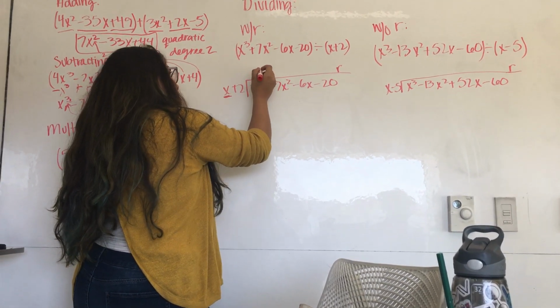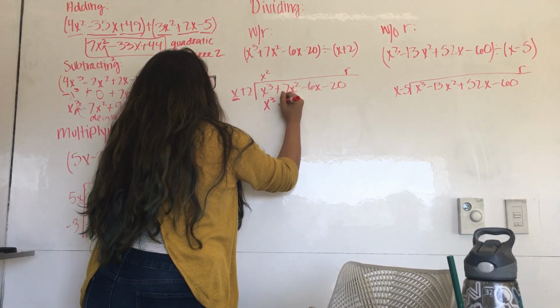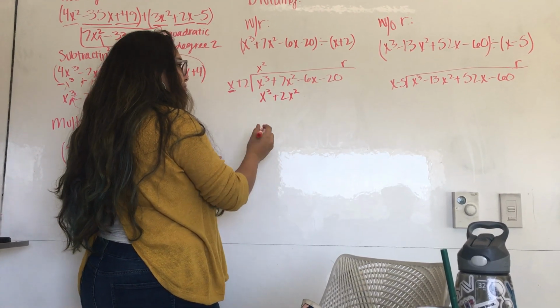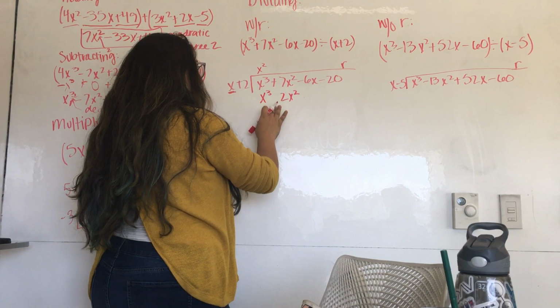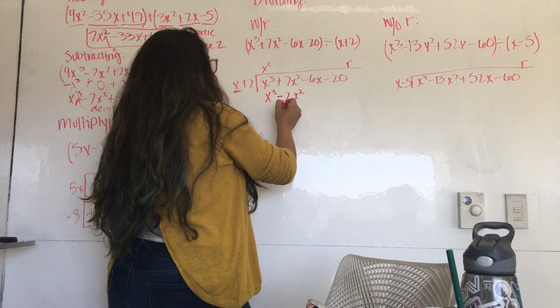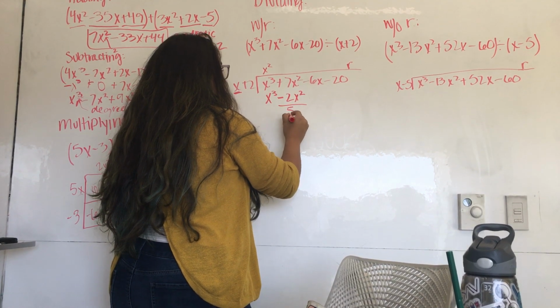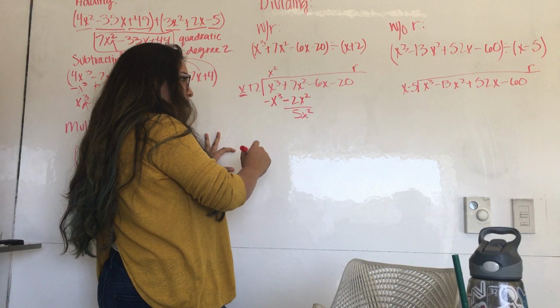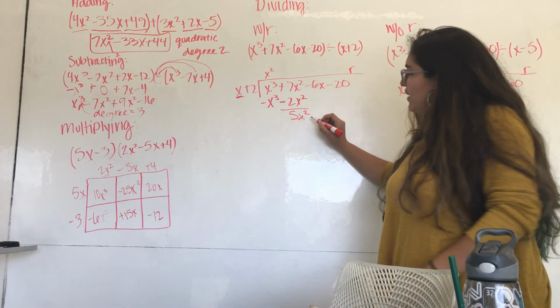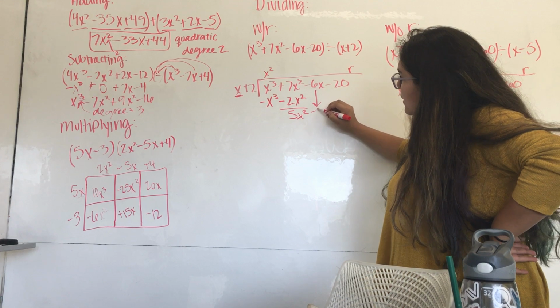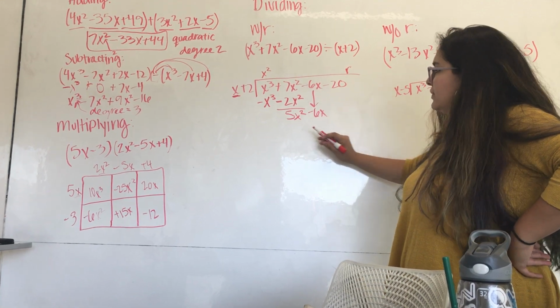And then 2 times x to the second is going to be 2x squared. But we're subtracting, so we have opposite operations. So we're going to have 5x squared as our result because these cancel out, right? And so 5x squared, and we're going to pull this down and get 5x squared minus 6x.